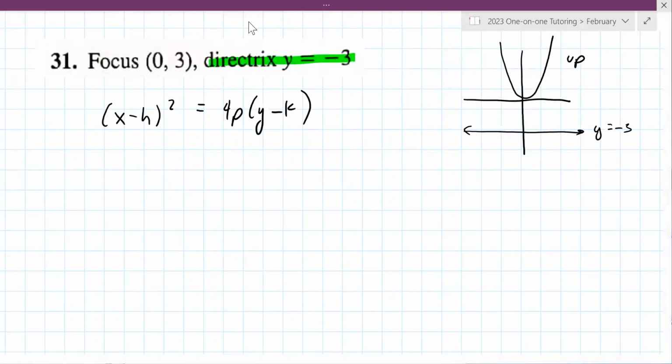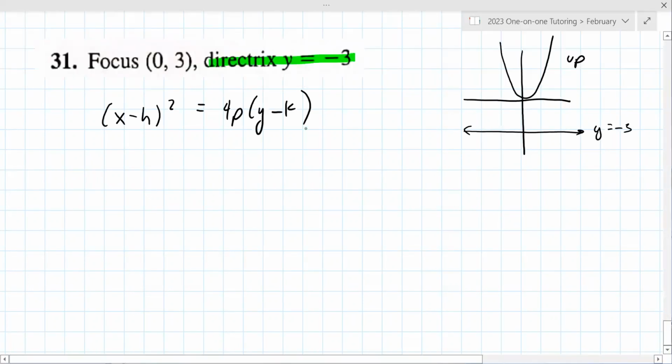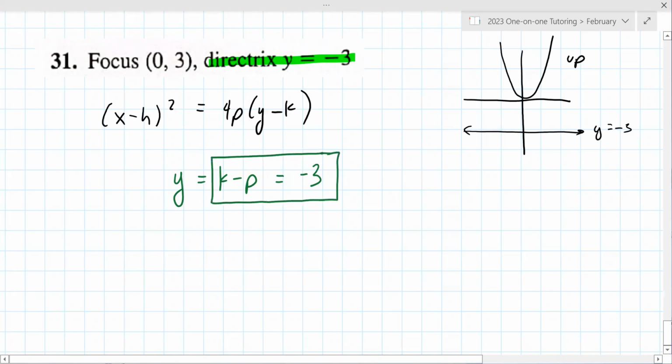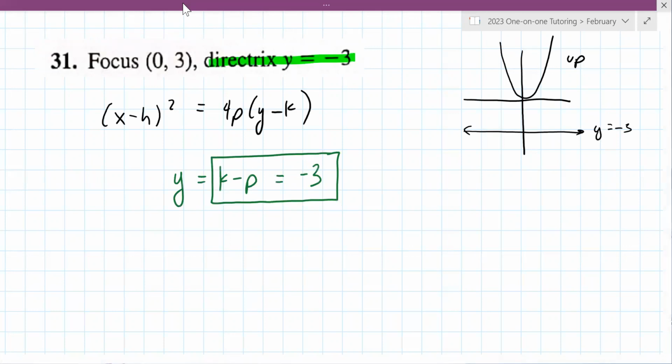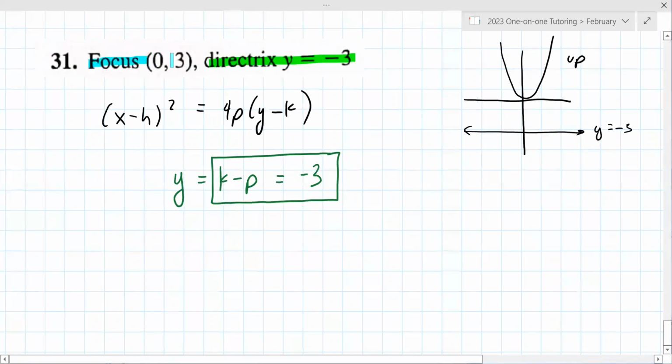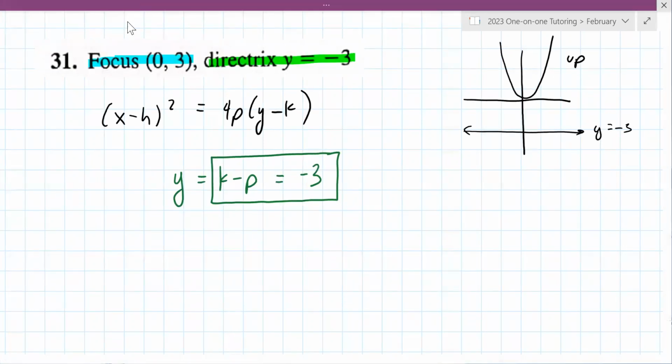So the directrix, if you look at the one for when it's a vertical axis, the directrix is y equals k minus p, and we know that this equals -3. It's an equation, and we're probably going to get another one. So we're going to use the focus to find the other one. Focus is 0, 3.